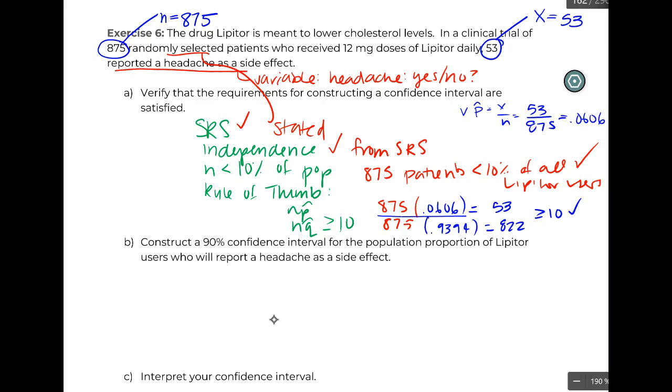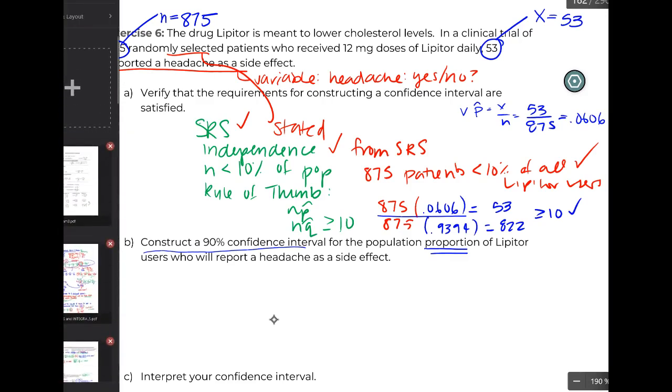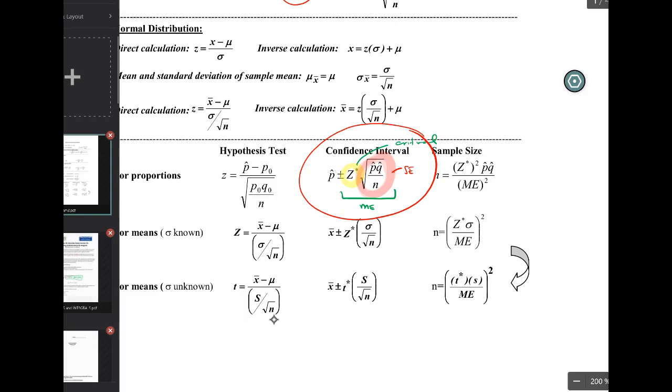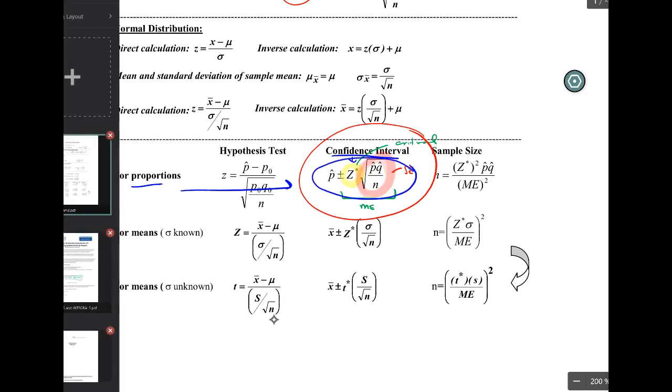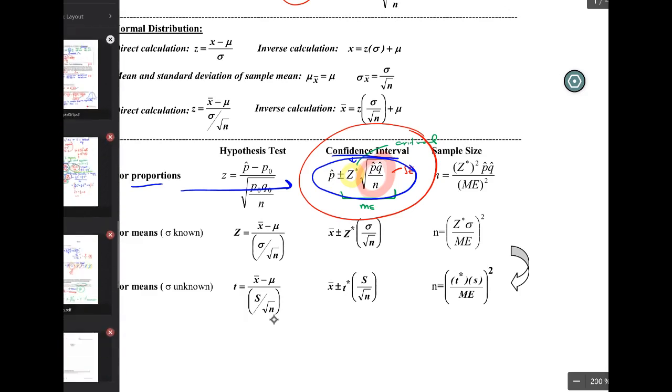So we come to the next step, which says construct a 90% confidence interval for a proportion. So we go to our formula sheet. I'll go ahead and actually do it. We want a confidence interval, we want proportion. There's our formula. Nice and straightforward.